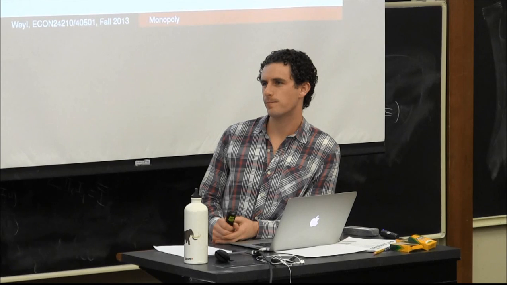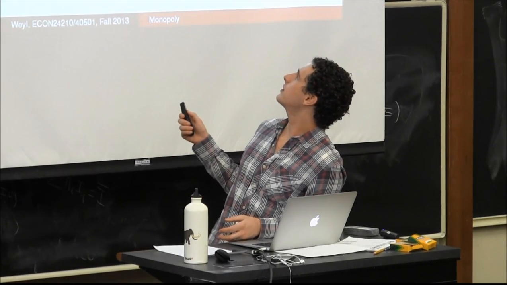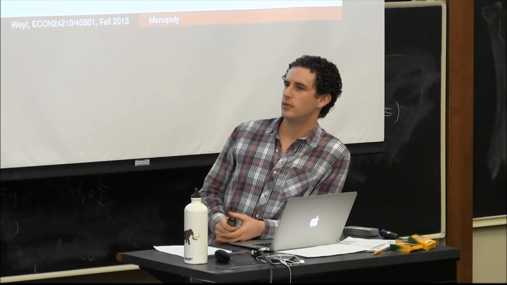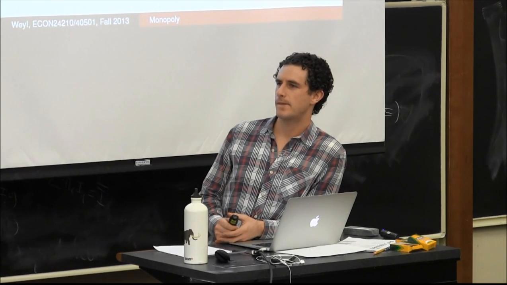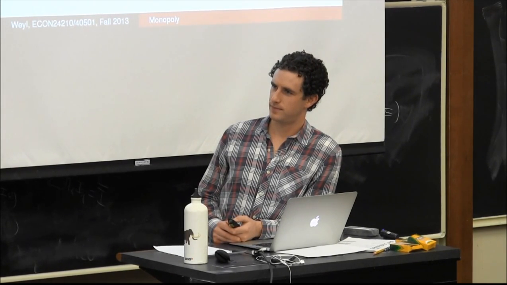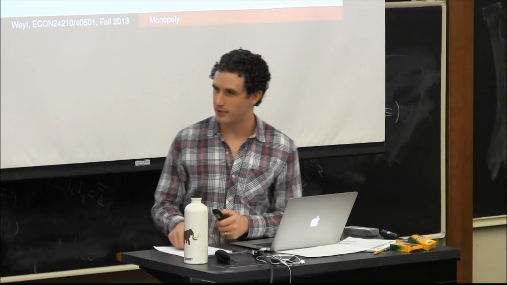So it would be the price minus the marginal costs? No, so the derivative of the revenue. Revenue is P of Q times Q. What would that be? P of Q plus P prime of Q times Q, right? Yeah.